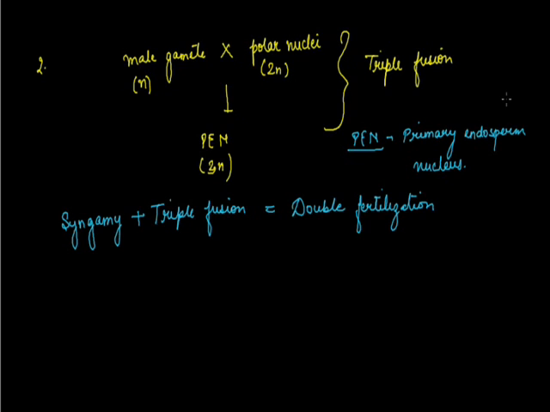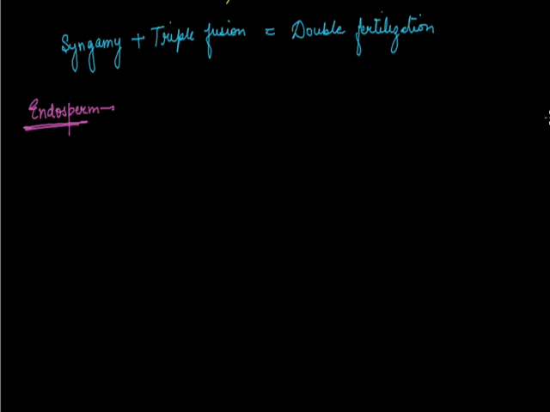Okay, now we are dealing with what is endosperm. The endosperm helps in the development of the embryo. The primary endosperm nucleus divides repeatedly and forms triploid endosperm tissue.